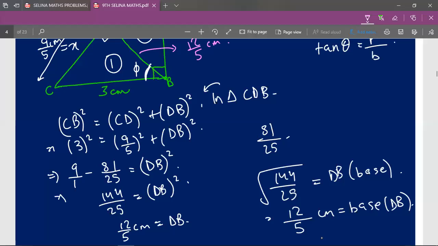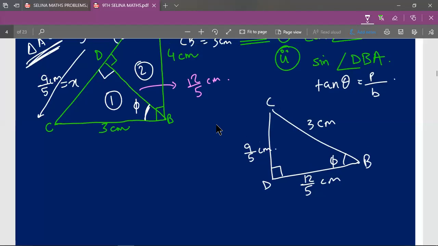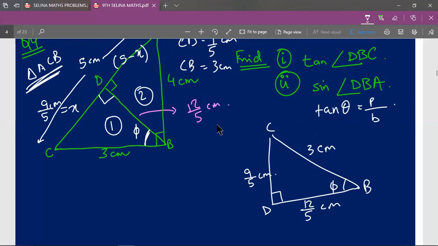I would just advise you to copy all this. I have readjusted the figure such that the 90 degrees is to the ground as well as phi is towards the ground. So if phi is towards the ground, the next question arises: with respect to angle phi, what do we find? We find tan phi, that is tan angle DBC, aka phi.